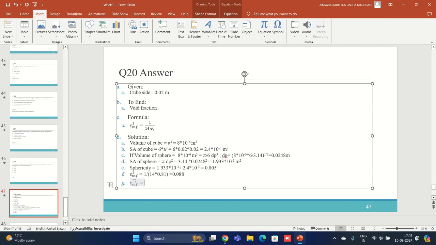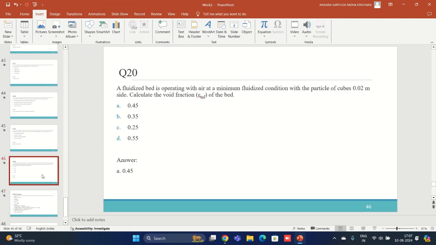So it is 0.445 or 0.45, whatever it is. That is how we get the answer. So 0.45 is the right answer.